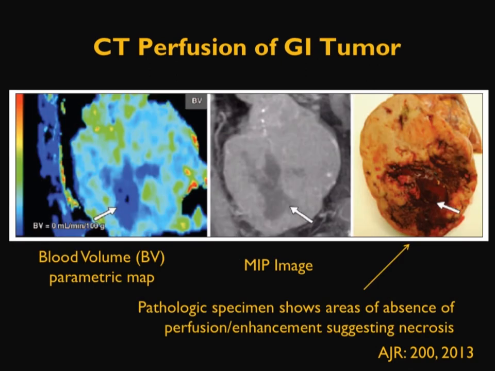Here is another example of a CT perfusion of a GI tumor. On the left hand side is shown the blood volume parametric map obtained from CT perfusion of the GI tumor area.